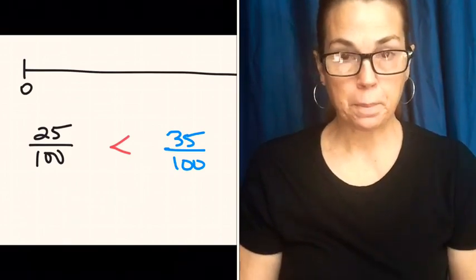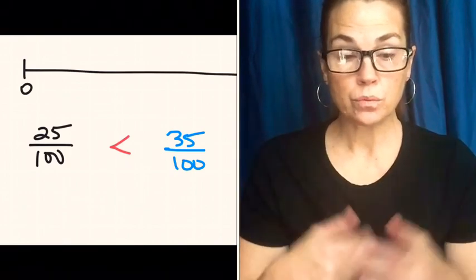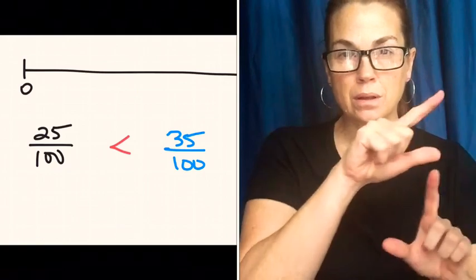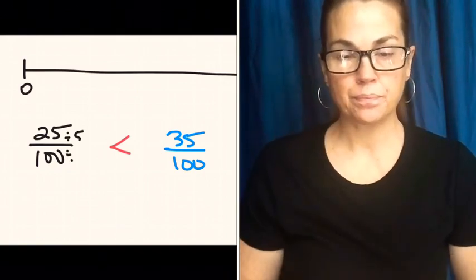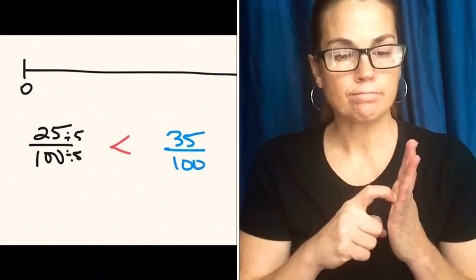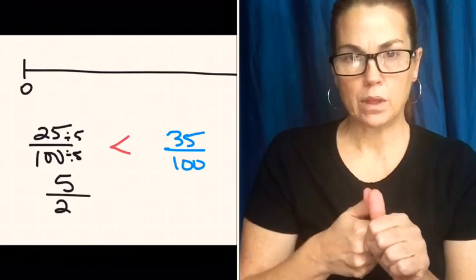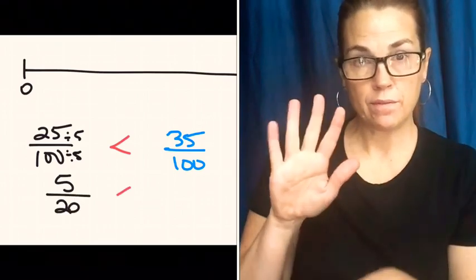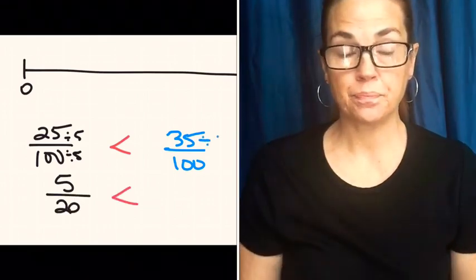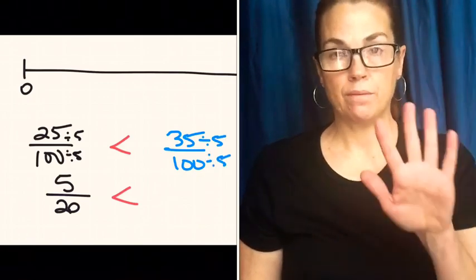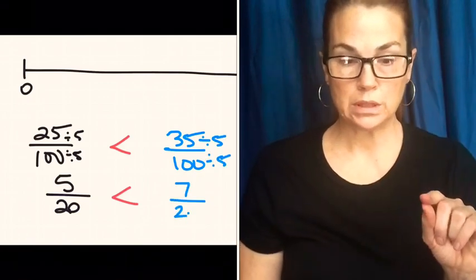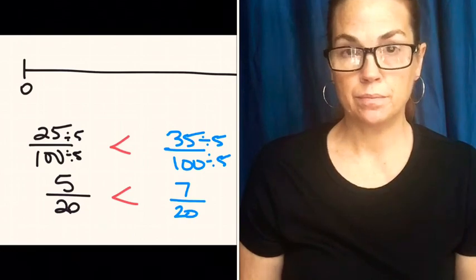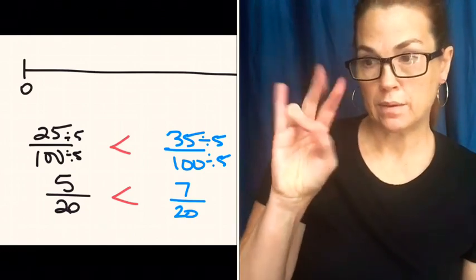And I can see right away that if I simplified each of them by 5, I would get 5 over 20 is less than 7 over 20. 5/20 is less than 7/20.